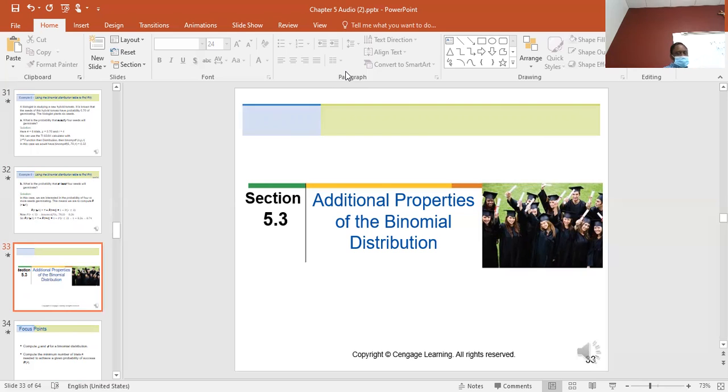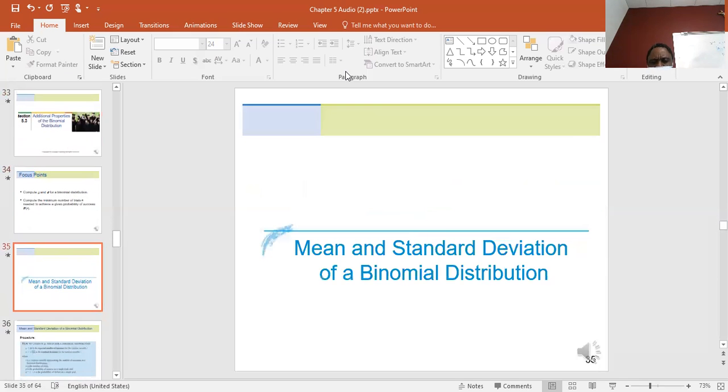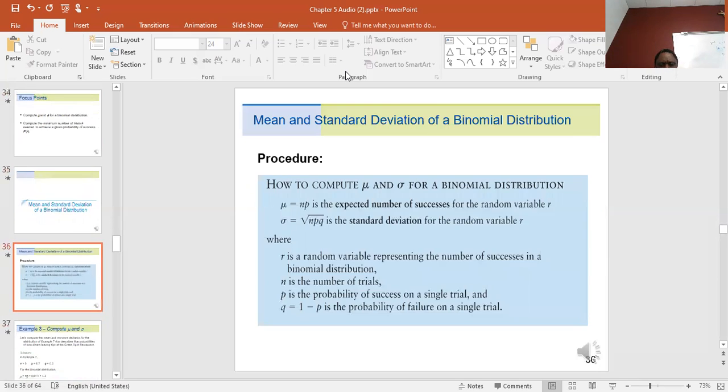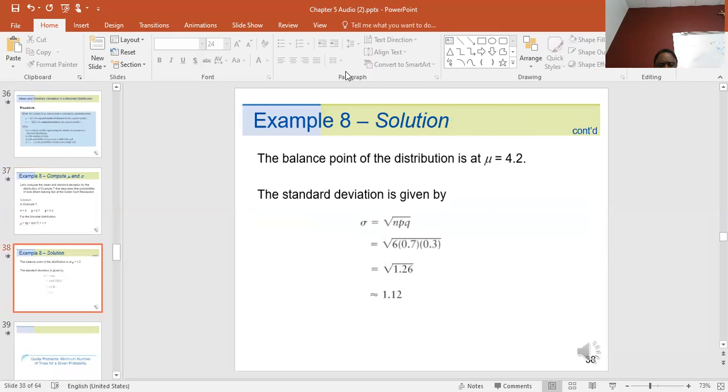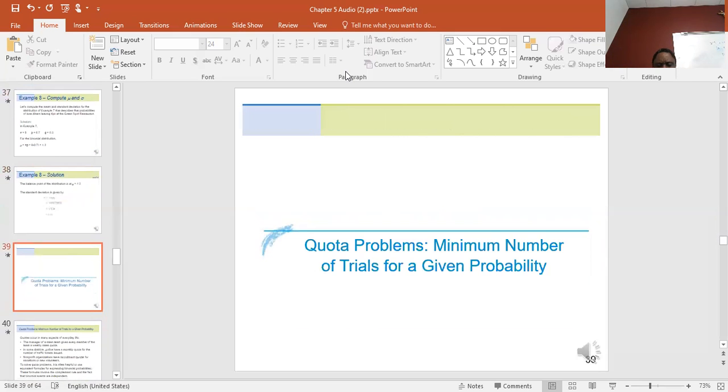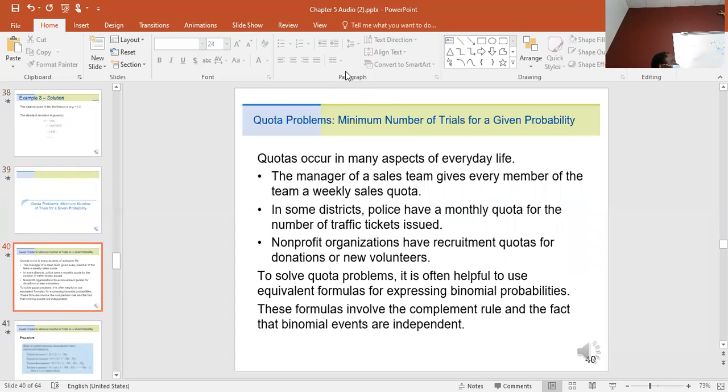So when you have a binomial distribution problem, you want to know what is the number of trials, what is the probability of success, and you can use it to find the mean, the variance, and the standard deviation. The quota problem is a common problem you may encounter in binomial distribution.